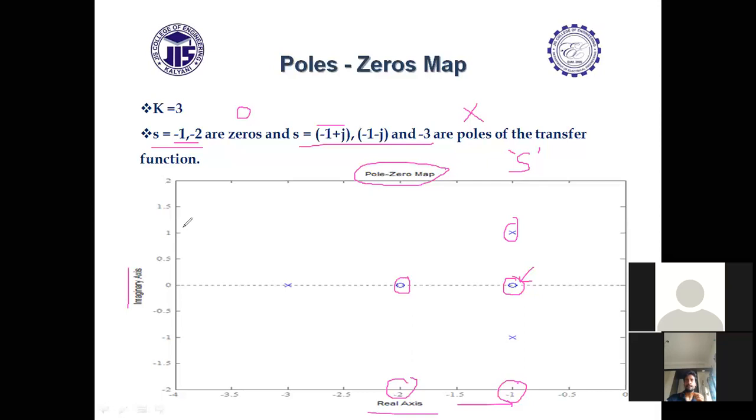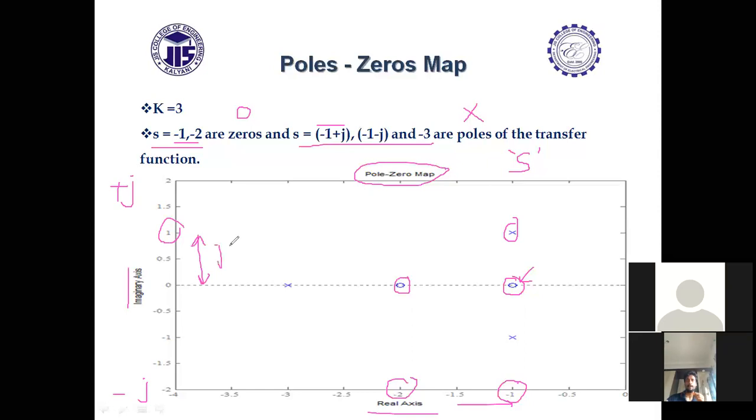See, this is the j axis, this is the plus j axis, the imaginary axis, and this is the minus j axis.